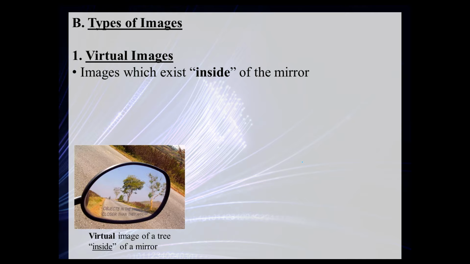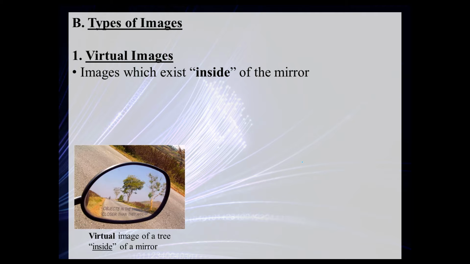So the picture I have here is of the side mirror on a car, and inside of the mirror, it appears like I have some trees, and I think there might be a small picture of a motorcycle. When I look at that mirror, it looks like there's some other kind of realm inside of the mirror. Like the tree, the motorcycle, the road, they exist, quote unquote, inside of the mirror.